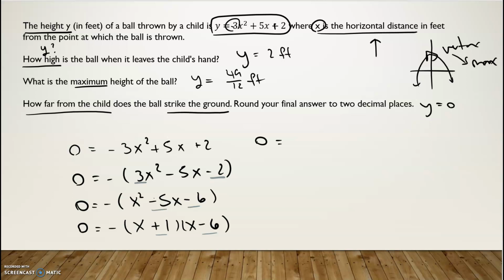Okay, so when we left out this 3, we're going to put it back now. 1 over 3, x minus 6 over 3. Okay, for this one, I'm going to move the 3 to the front of x plus 1.